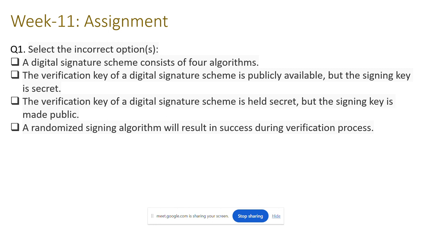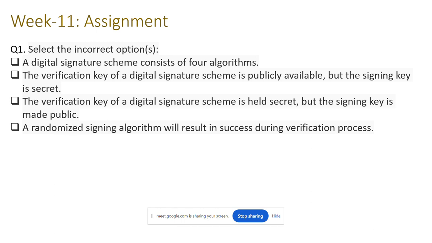And the fourth statement says that a randomized signing algorithm will result in success during verification process. So the signing algorithm can be randomized, but in order to avoid ambiguity, the verification algorithm should always be deterministic.